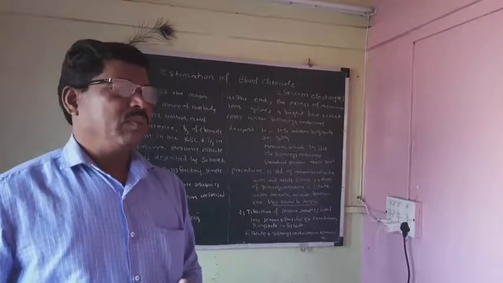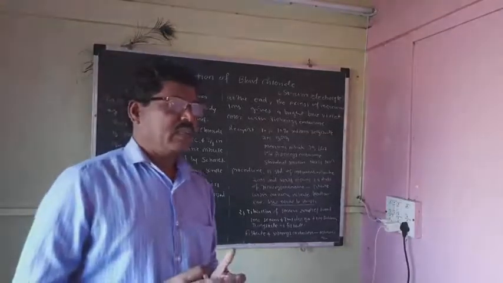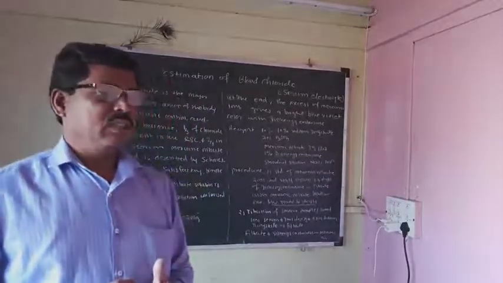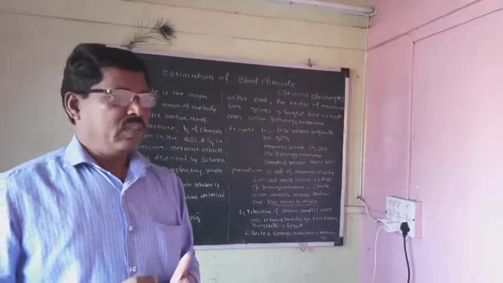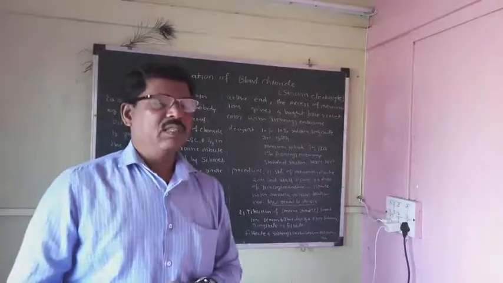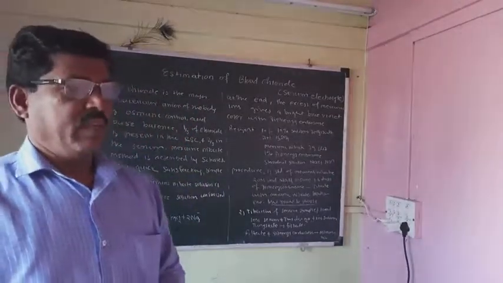The solid portion consists of the following substances, like organic substances 7 to 8%: proteins, hormones, antibodies, enzymes, natural fats, and non-proteins.